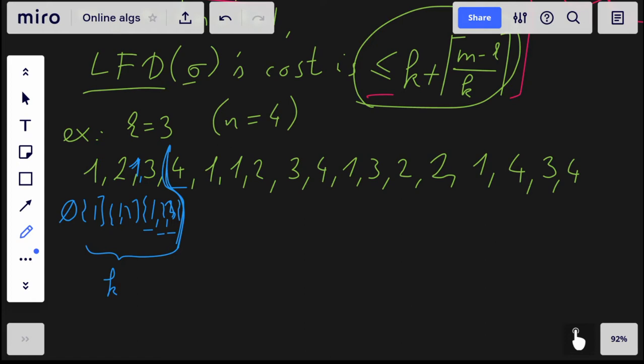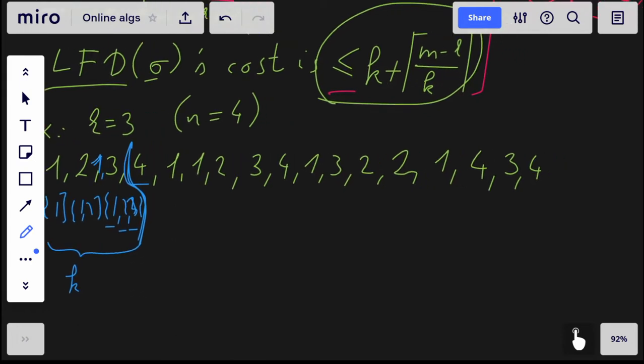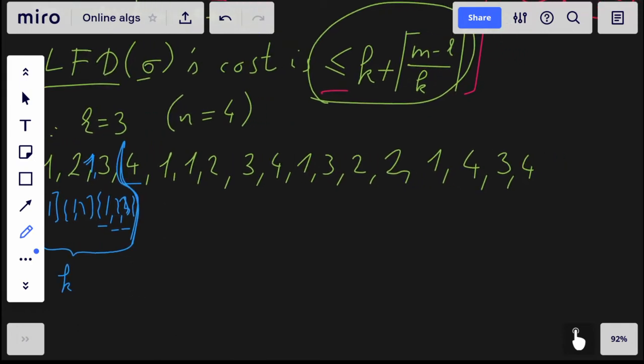So basically when all the k plus 1 different elements arrive, the phase will end just before getting the k plus 1. So 1 is here and 1 is here, 2 is here and 3 is there, so 3 is the farthest amongst these. 1 is immediately requested, 2 is requested 3 steps later, and 3 is requested 4 steps later. So the longest forward distance algorithm will discard the 3 and make the cache 1, 2 and 4.